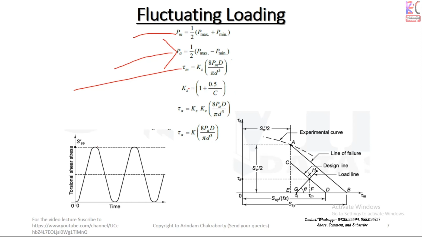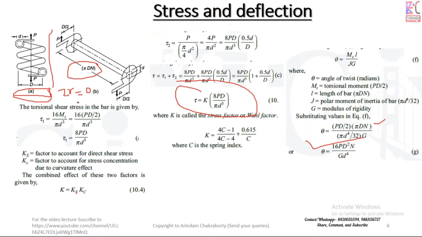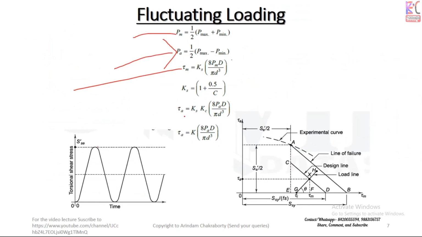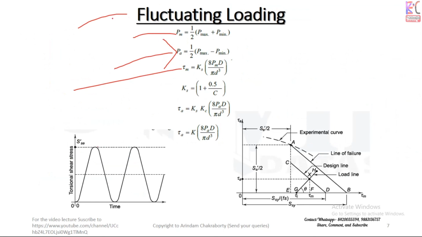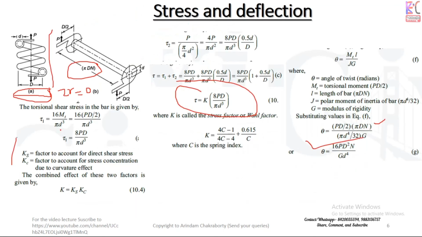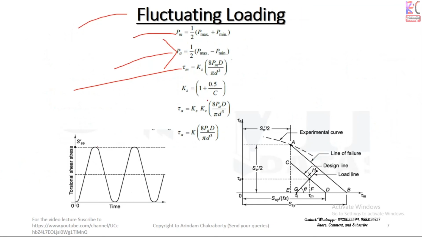As well as where it comes in the Ks, you can see, yes, here from here we calculate. Here we will use this one, because fluctuating loading is a practical thing. That's why we are considering Ks and Kc. Fine. From there we can write tau a is equal to K 8PD by pi d cubed. So this is the experimental curve.